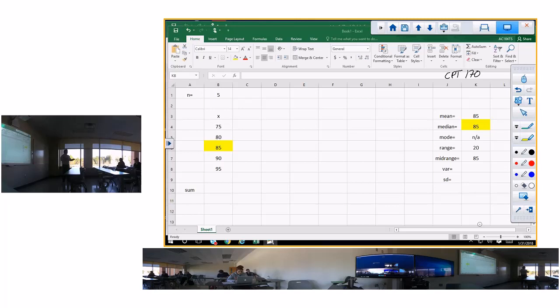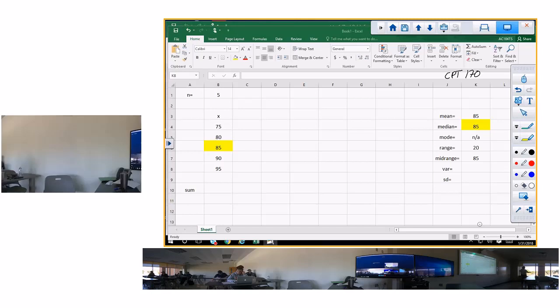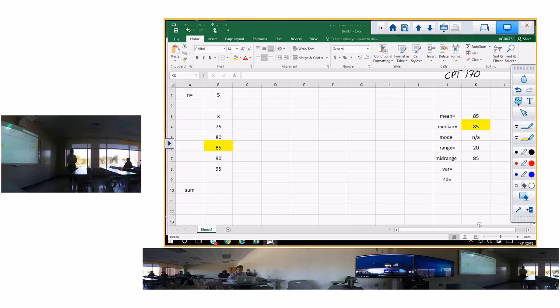There's all kinds of things you can do with Excel and the word processor so you don't have to do extra work by hand, but we don't know how to do it. In CPT 170, they not only show you how to do it, they show you how to get your money's worth out of both of them and other programs like PowerPoint and Publisher, all those programs used in the office, your office when you get out in the real world.